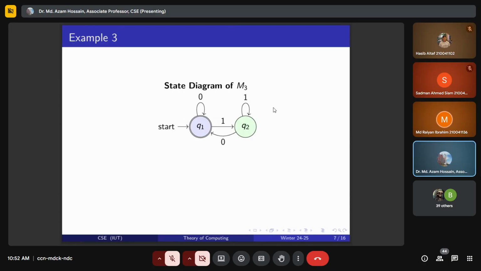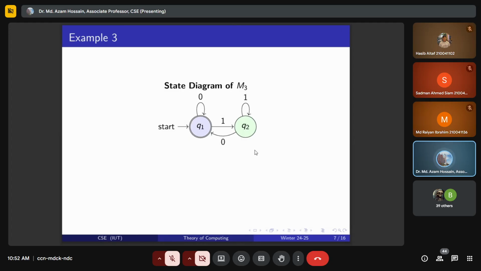Only zero. Also an even number of ones. It's not correct because one goes to the zero, so only one. The answer is correct. It ends with zero.